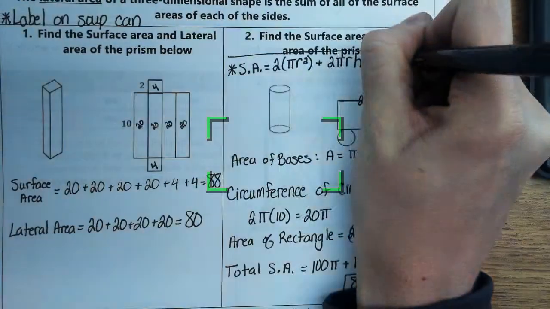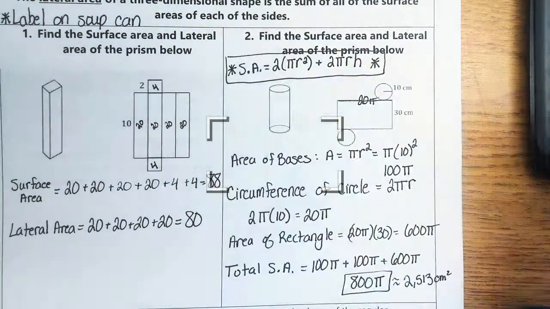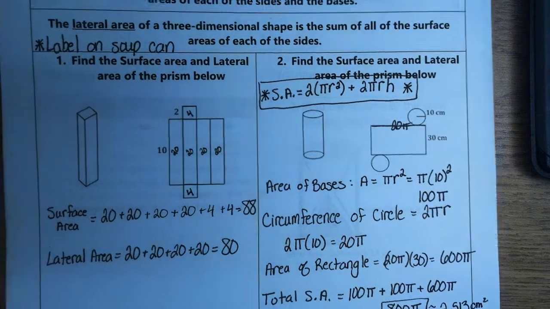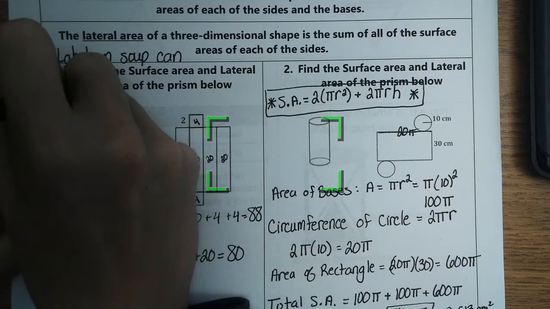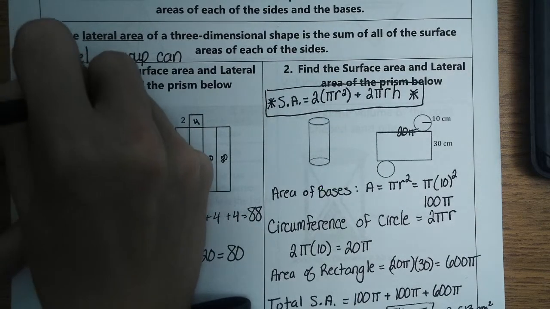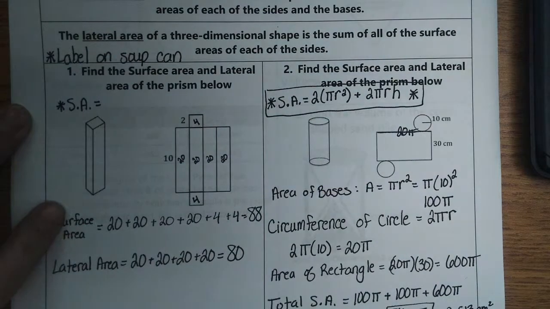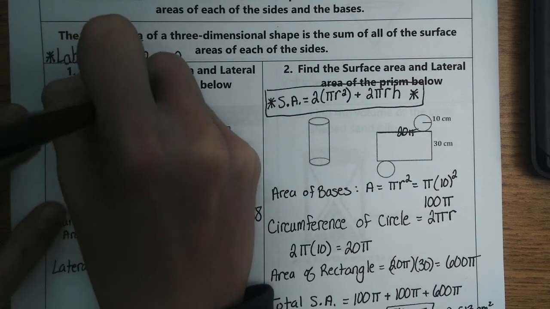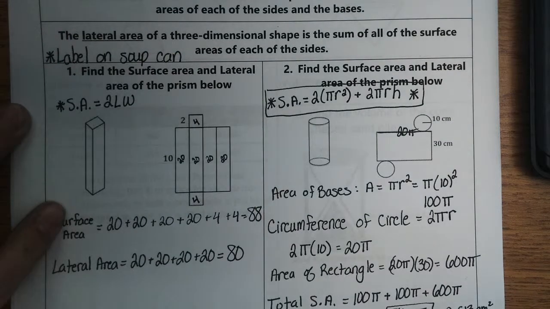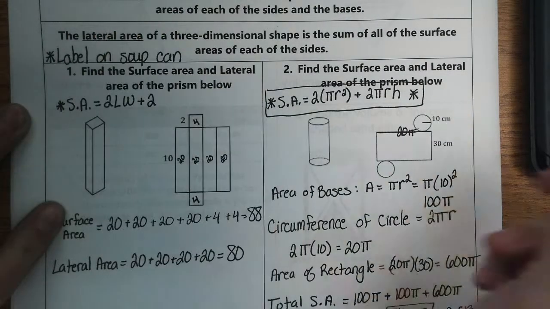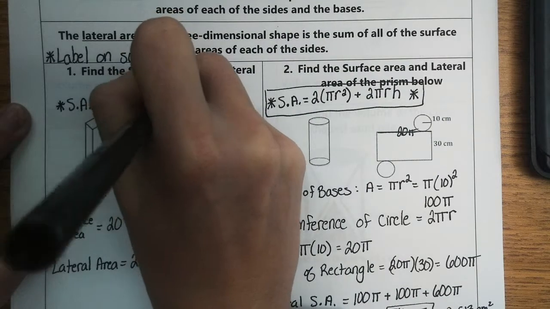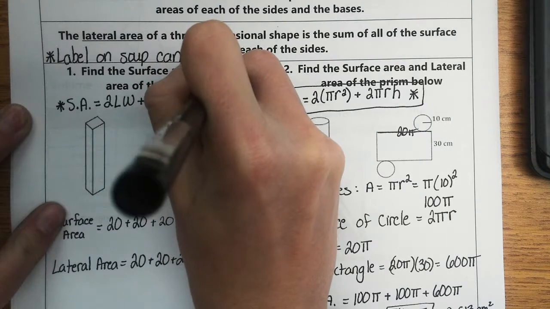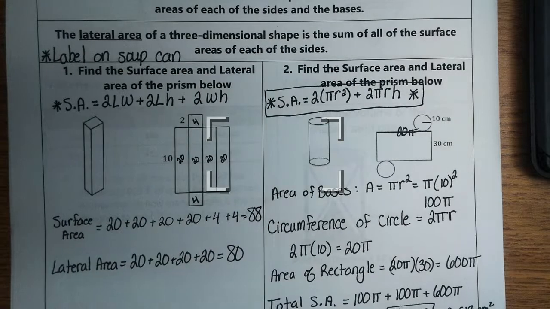That's why we did not use it the first time around. There's a formula for the surface area of a rectangular prism as well, for a box. So surface area is going to equal 2 times the length times the width plus 2 times the length times the height plus 2 times the width times the height.